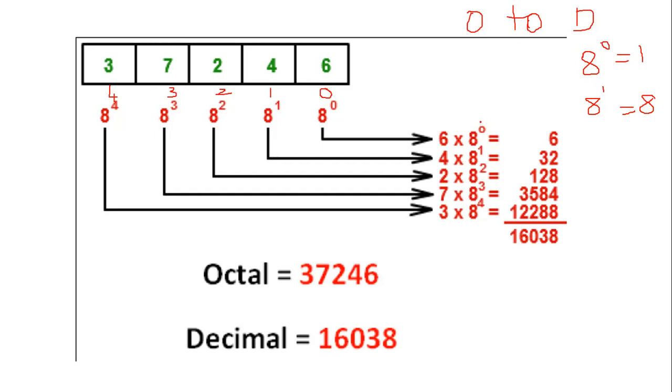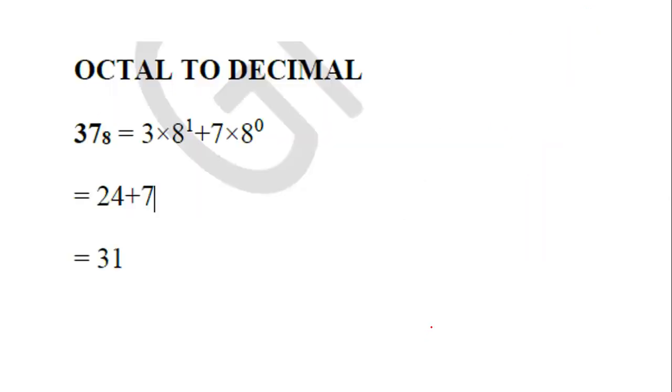So 8 to the power of 0 is 1; 1 times 6 is 6. Next, 8 to the power of 1 is 8, times 4. Next, 8 to the power of 2 is 8 into 8, which is 64, times 2. Then calculate 8 to the power of 3 and 8 to the power of 4, multiply, and you will get the final answer like this. This is how you convert an octal number to a decimal number. So this is the given octal number, and when we convert it, we get this decimal answer.